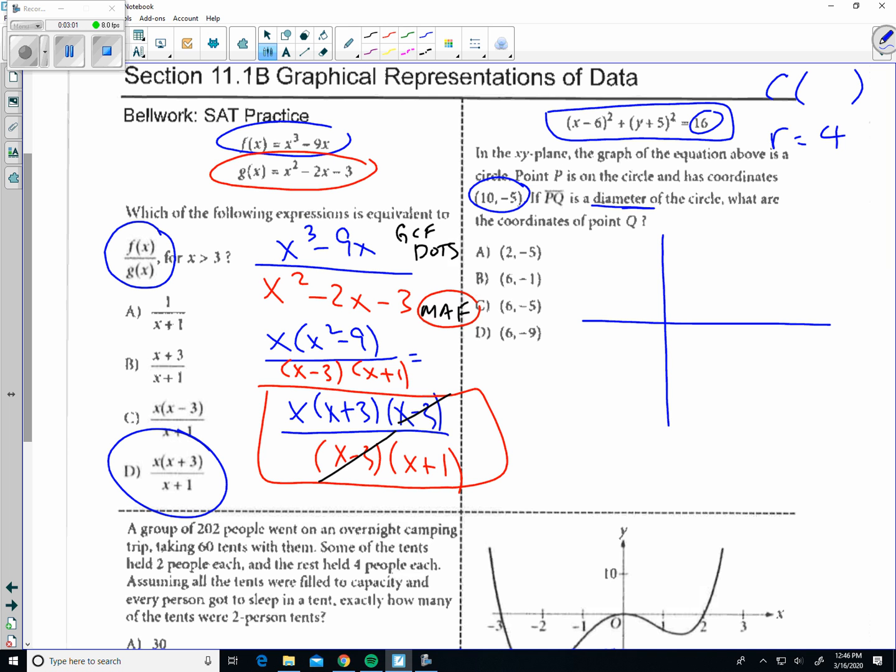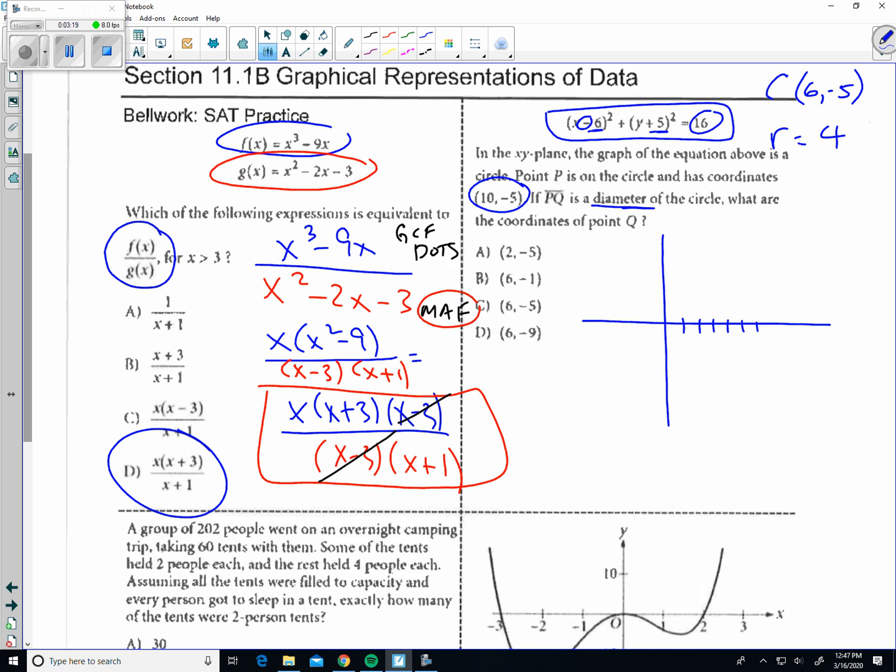And the center comes from the 6 and the 5. But remember your sign rule: the 6 here is positive because it has a negative sign in front of it, and the 5 is the opposite, which would be -5. So you plot the point 6, -5.